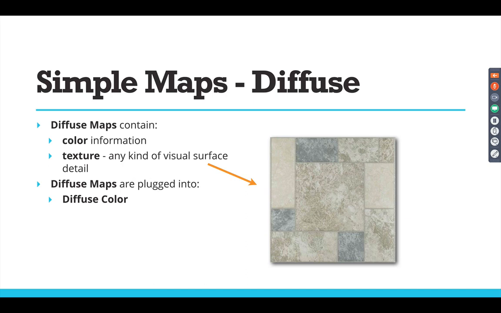So the door. Do we need a diffuse map for the door itself? That door. Right, so it's got a pattern on it. It's got a wood pattern, it's more than one color. Yes.